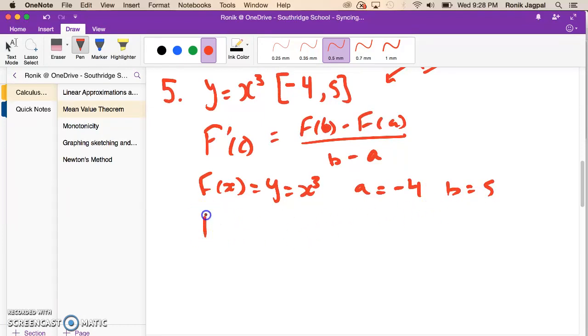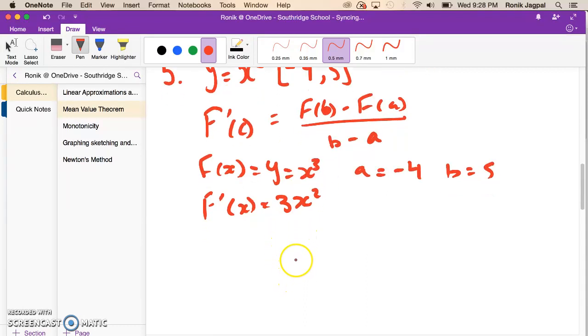The first thing we're going to do is find the derivative of our function, because we need it for this section. The derivative of this is going to be 3x squared, and we use the power rule to quickly get that.